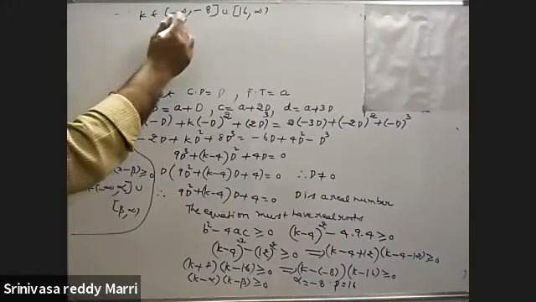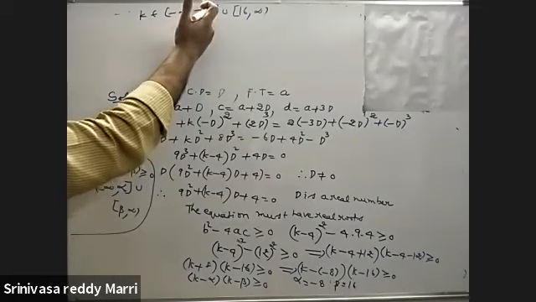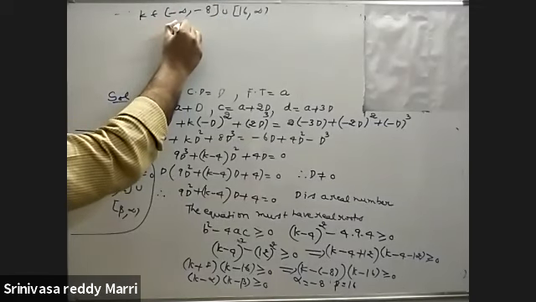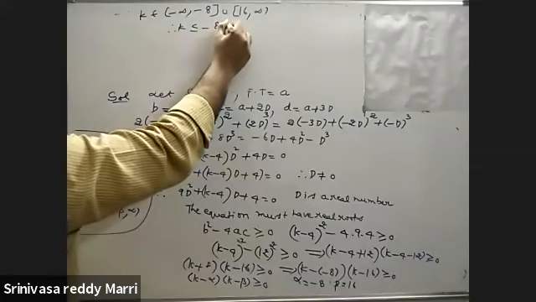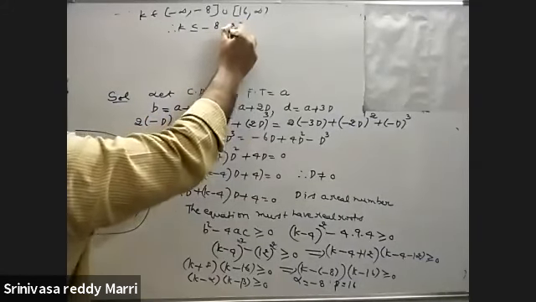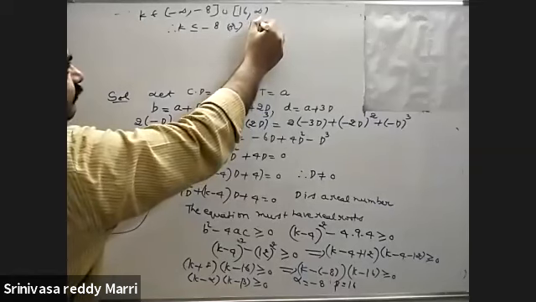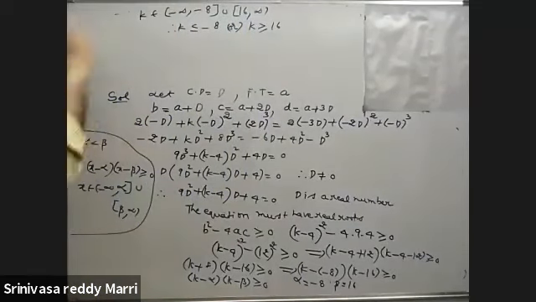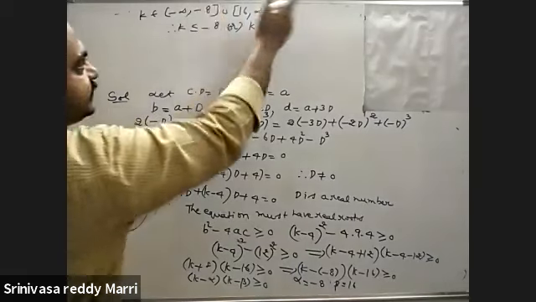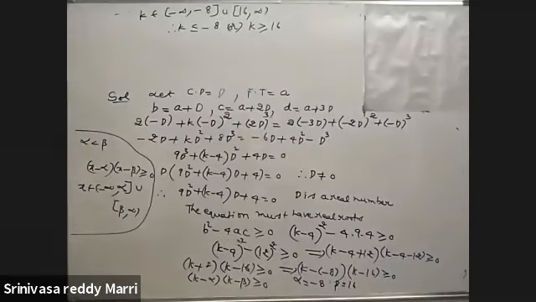That means k will be less than or equal to minus 8, or k will be greater than or equal to 16. This means k less than or equal to minus 8. This means k greater than or equal to 16.